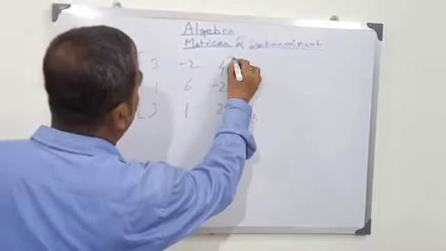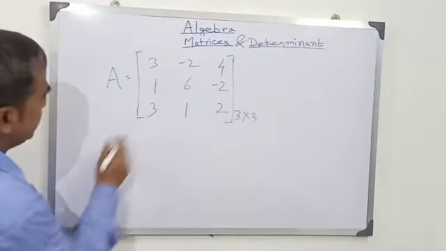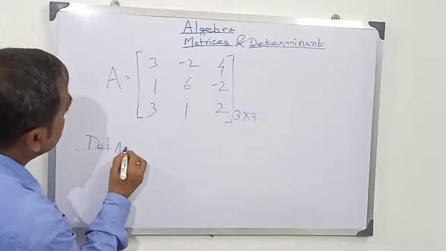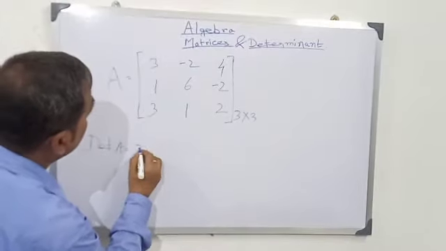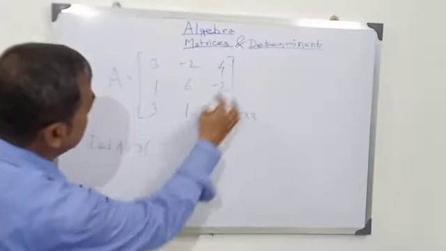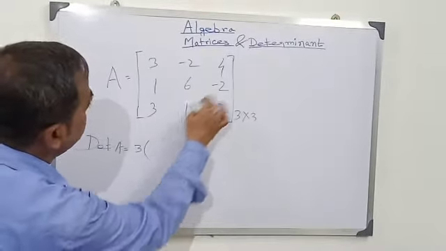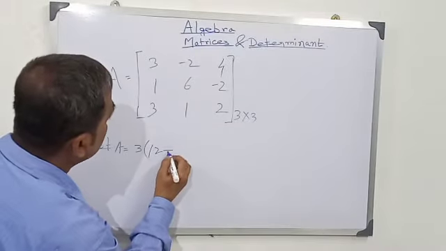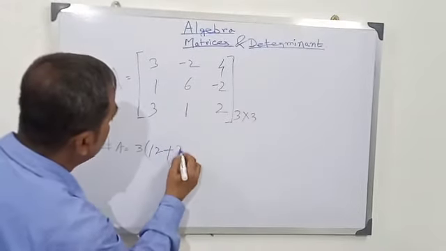Now I have to find out the determinant of this matrix. So I write determinant A is equal to 3 into this cofactor matrix, this into this minus this into this is 12 minus of minus 2, that is plus 2.